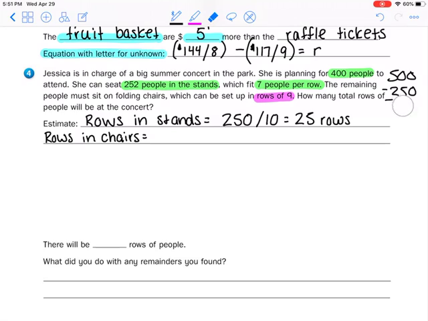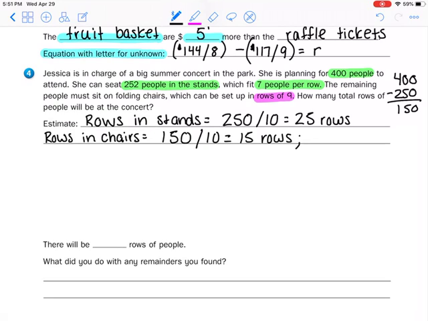Oh, I'm sorry. Actually, I can even estimate closer. So if I have 400 people minus our estimate of 250 people in the stands, I'm left with 150 people in chairs. So 150 people in chairs, and they can be in rows of 9, which is close to 10, and I'm left with 15 rows of chairs.